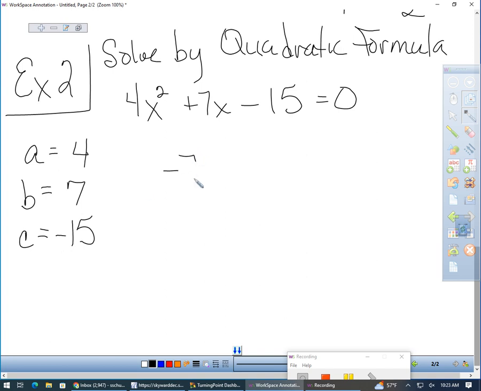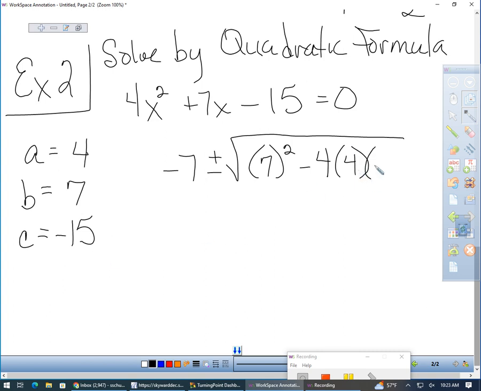We have negative B plus and minus the square root of B squared minus 4 times A, which is 4, times C, which is negative 15, all over 2 times A. All right, so what's the first thing we simplify? Inside the square root. So go ahead and type that into your calculator, right? So you're doing 7 squared minus 4 times negative 15.